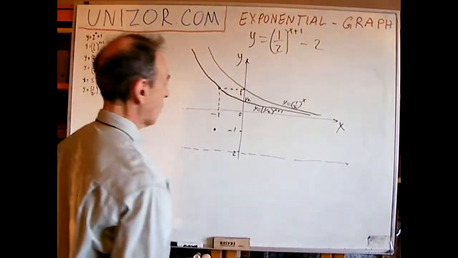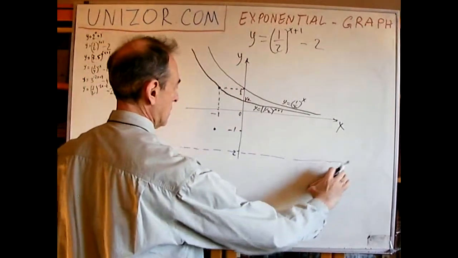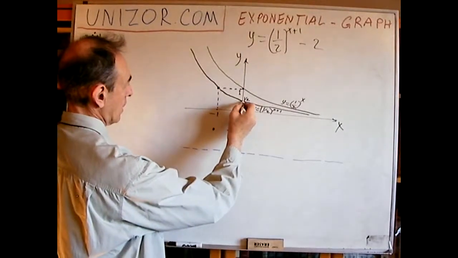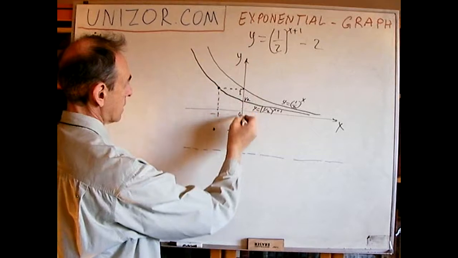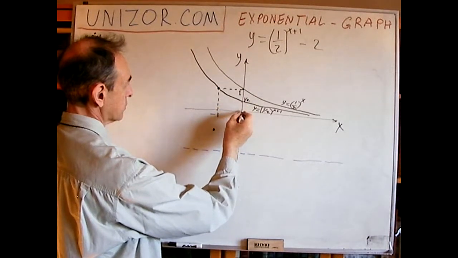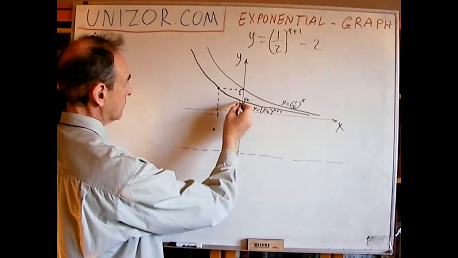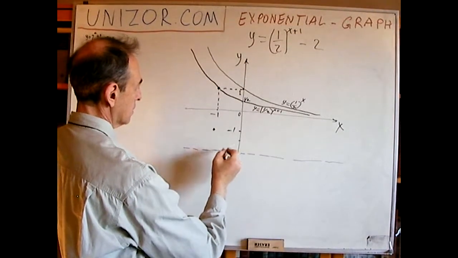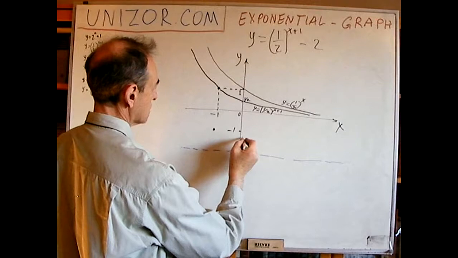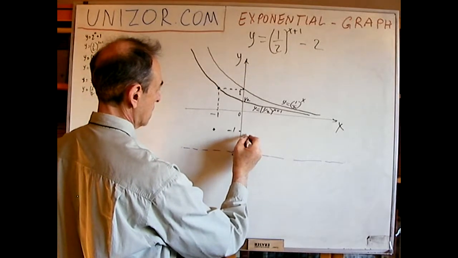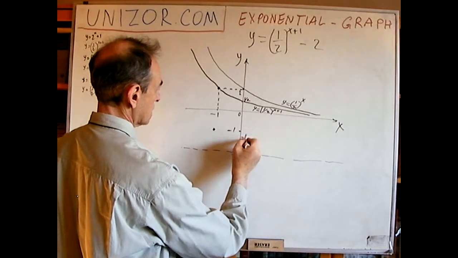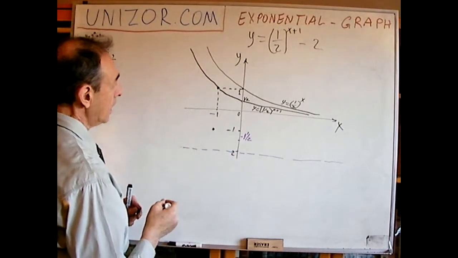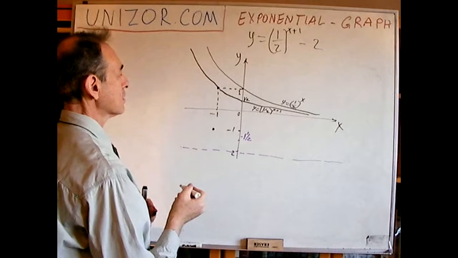So this would be our asymptotic line. Now, the function used to intersect the y-axis at point 1/2. So we shifted down by 2, so it would be here, which is minus 1.5, right?